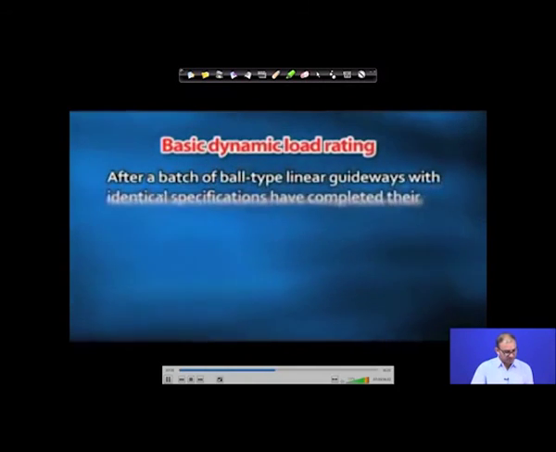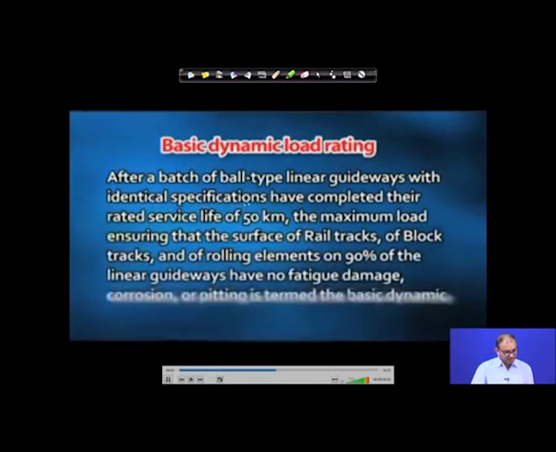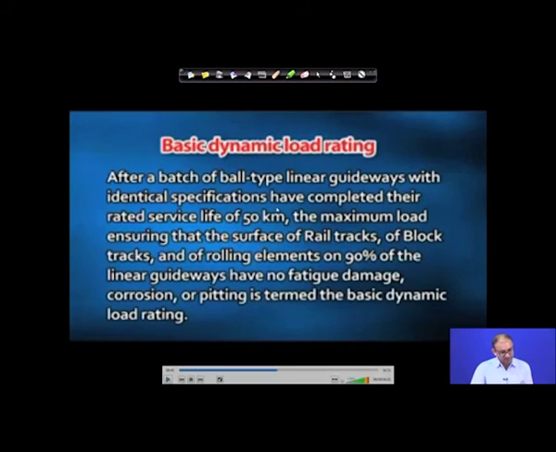So, these are the problems in the bearing, and the weight that everyone carries at this point is termed the load carrying capacity. How can you define this? After a batch of ball type linear guideways with identical specification have completed their service life, consider the service life is 50 kilometers, and the maximum load ensures that the surface of the rail track, block track and rolling element on 90% of the linear guides have no fatigue damage, corrosion or anything.